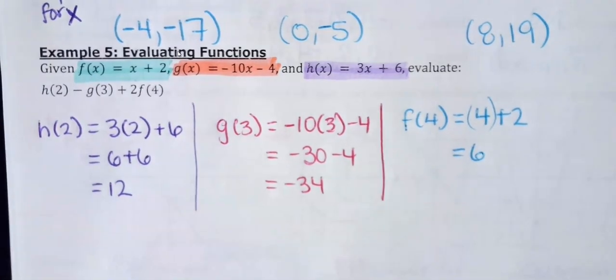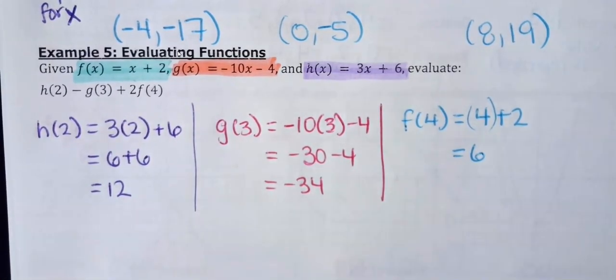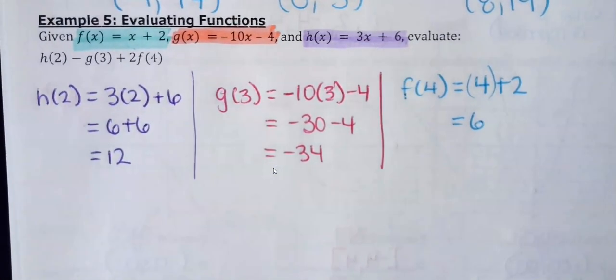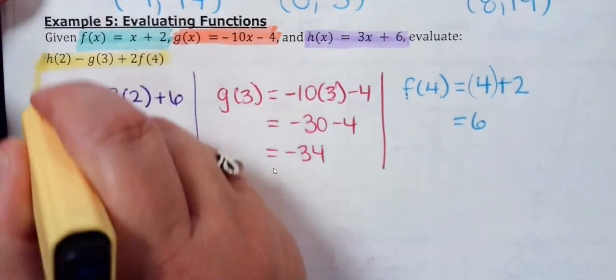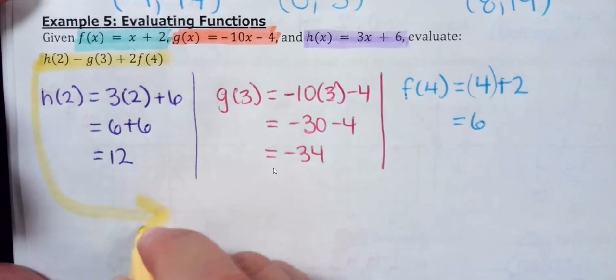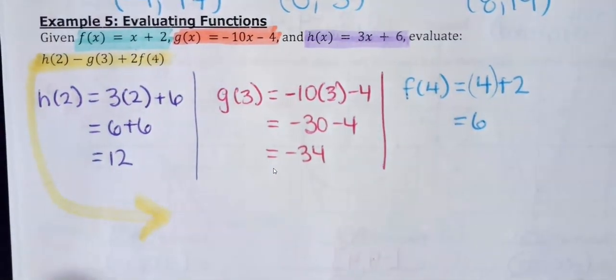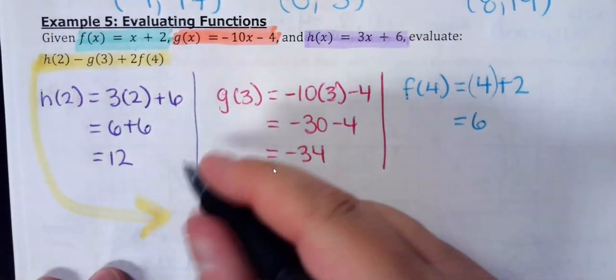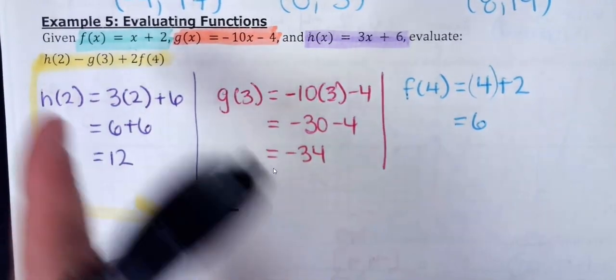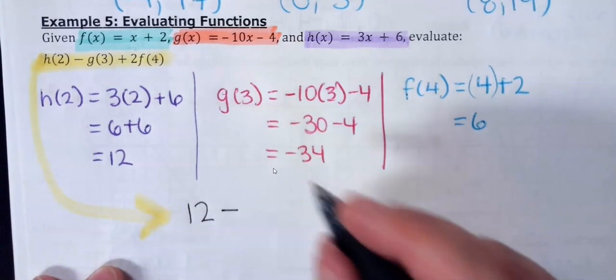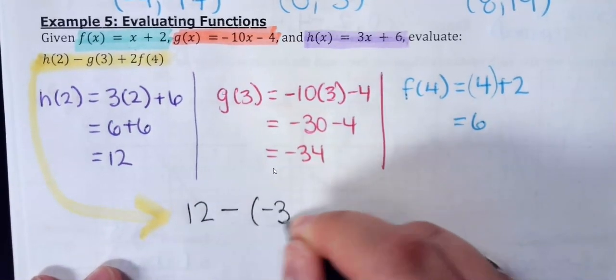All right, so I need these 3 values. If I go back right here where I had this, I'll just come down here and do it. So h of 2 ended up being 12. It says minus g of 3. Now this is a little tricky, because g of 3 was actually negative 34.